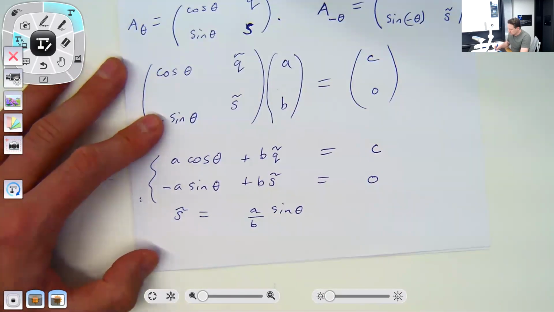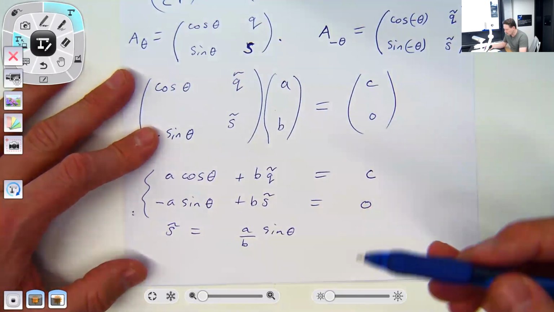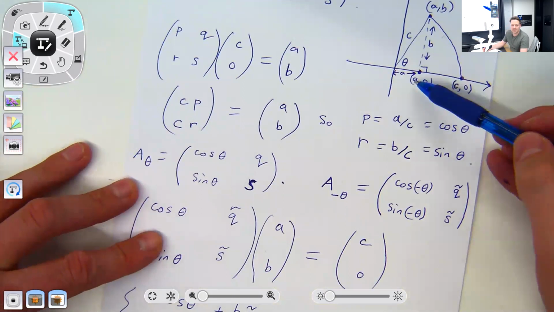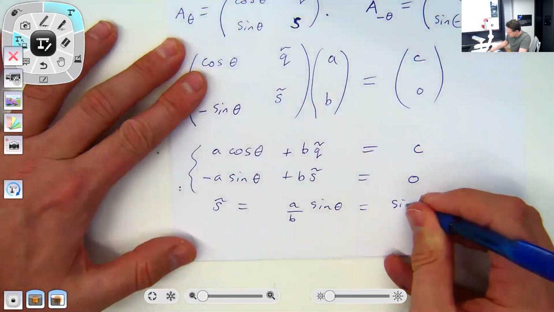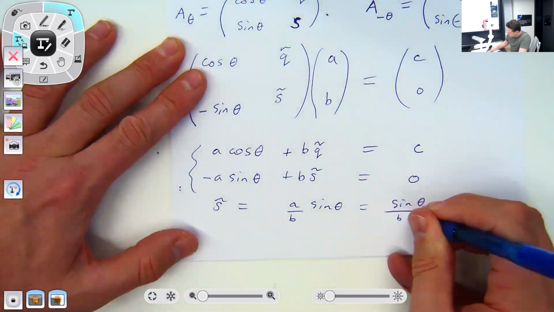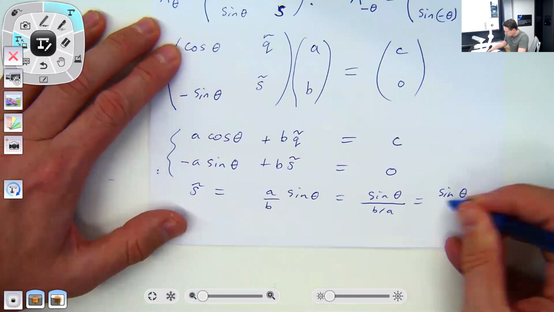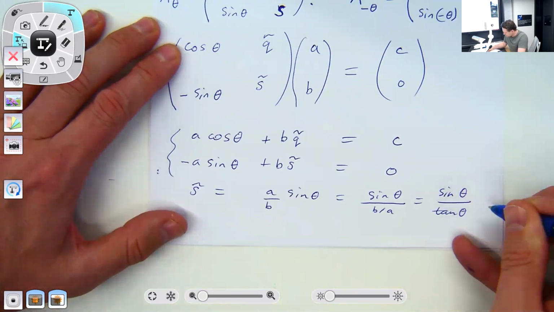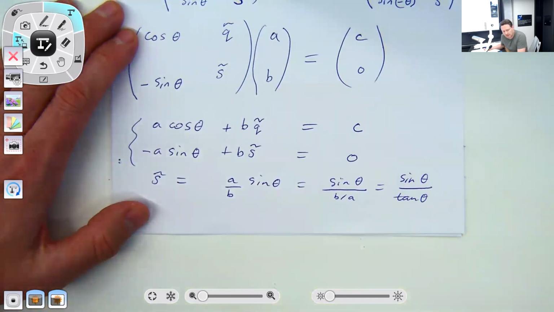Okay, but let's notice that this is not quite the trig ratio that I'm after here, because B over A is tan. All right, so I'll express this as sine theta over B over A. And then now I can just write sine theta over tan theta. And then you know that tan theta is sine theta over cos theta.